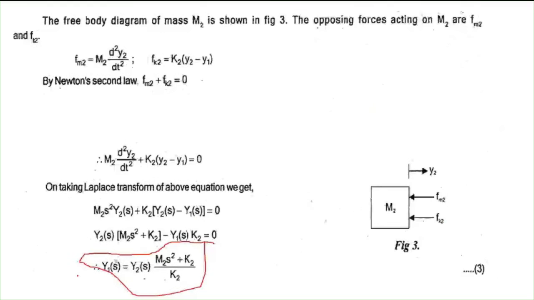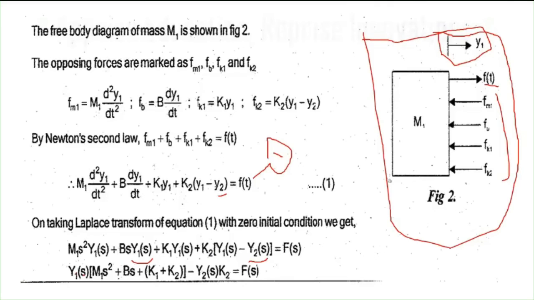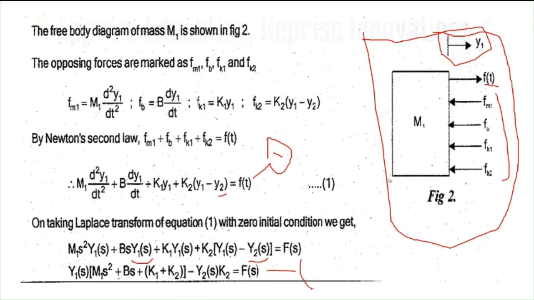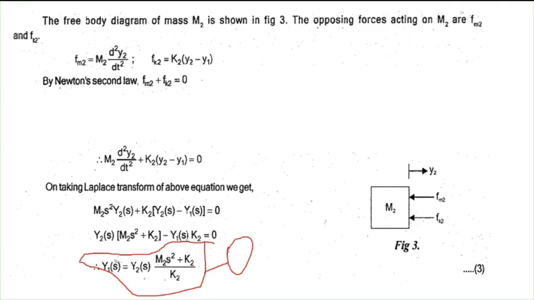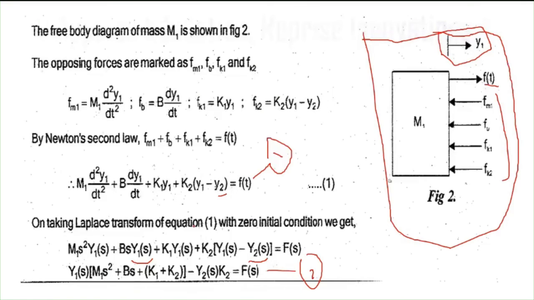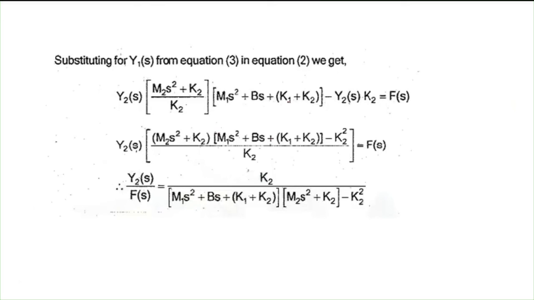Now substitute the equation for y1 in this equation. What you finally require is y2 of s by f of s. That is the final requirement. If this is equation 2 and this is equation 3, substitute 3 in 2, and you will get y2 into (m2 s square plus k2) by k2, into the second term (m1 s square plus bs plus k1 plus k2), minus y2 of s into k2, equal to f of s.